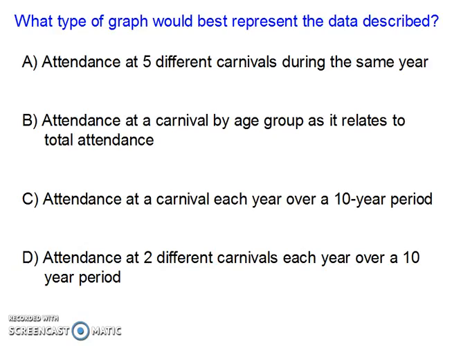So now that we've analyzed different types of graph, now let's try deciding which type of graph would best represent the data described. So, attendance at 5 different carnivals during the same year. Well, in this case, it would be a bar graph.